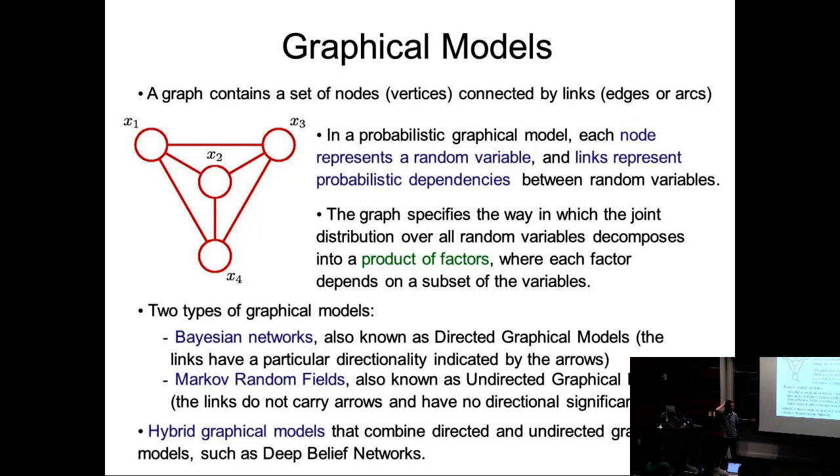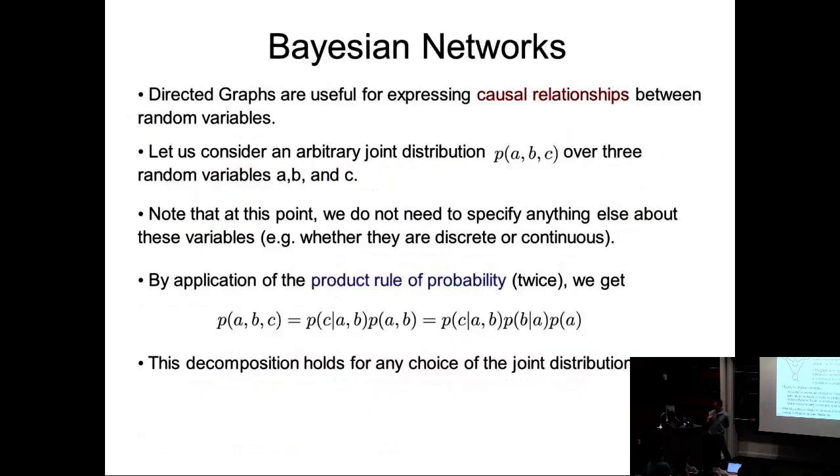These are hybrid graphical models where you have both directed and undirected components. For example, a deep belief network is an instance of a hybrid graphical model. We'll look at these examples later in the class. It's very difficult to combine both of these models. You have to be very careful when combining them because they carry very different semantic meanings.